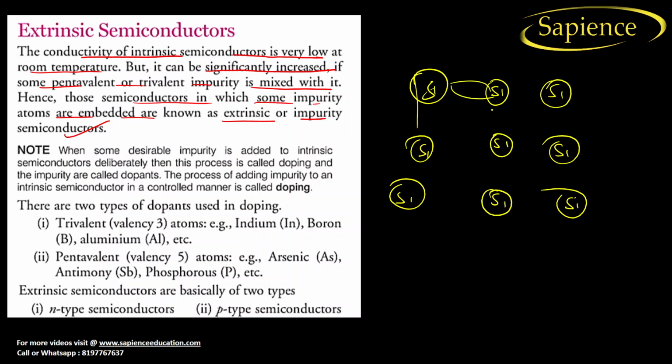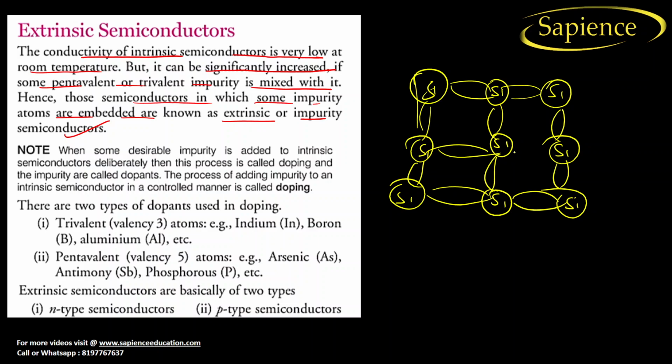At the same time, all are connected with each other, and it is called a tetravalent bond or covalent bond. All are connected with the covalent bond. Now this is your pure semiconductor.